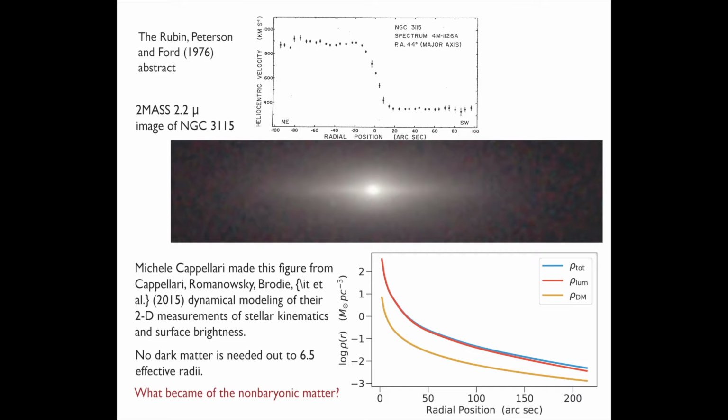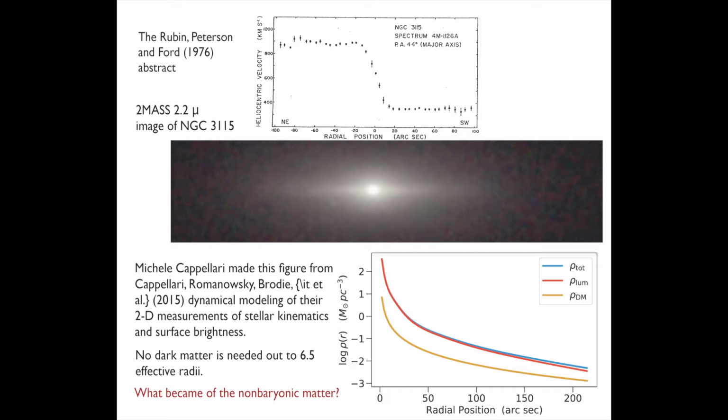The figure down below to the right is from Michele Cappellari, who made this figure from a study by him, Romanowsky, Brodie, and others, of two-dimensional measurements of radial velocity and, of course, surface brightness across this galaxy.